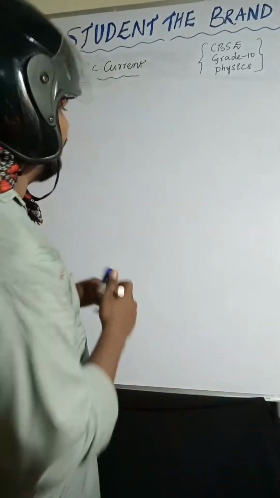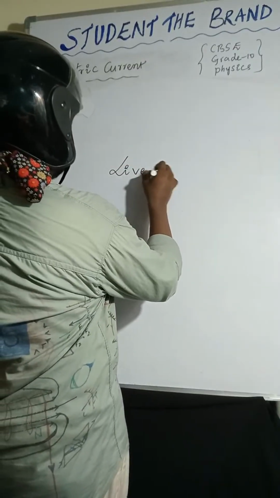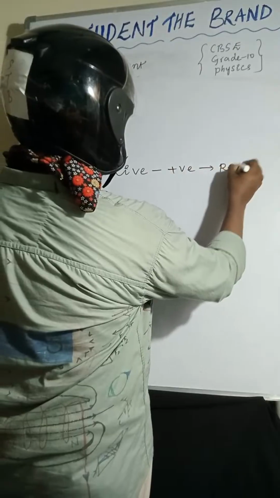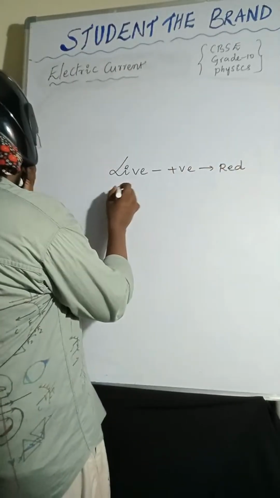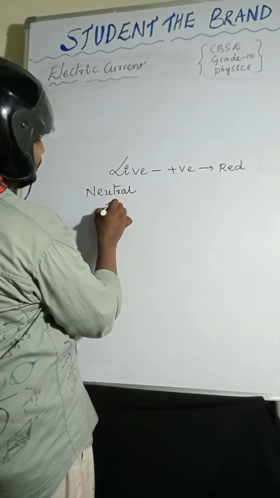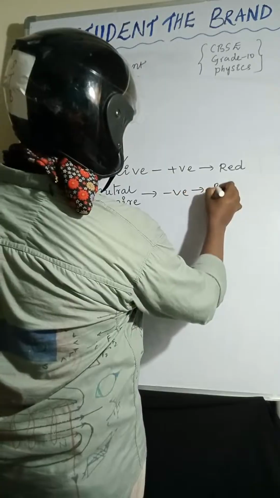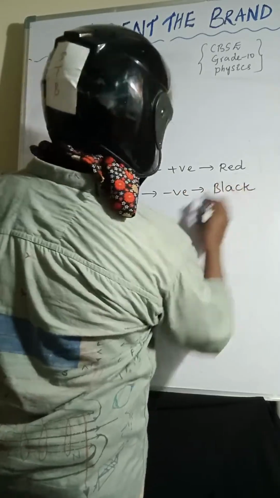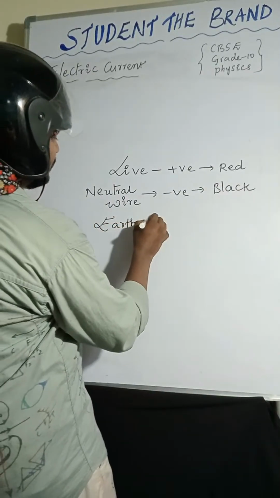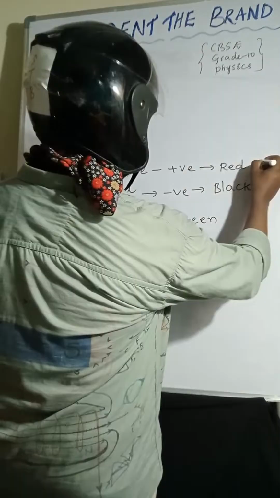So the potential of the live wire: live wire is the positive terminal, red color. Neutral wire is the negative terminal, black color. Earth wire is green color.